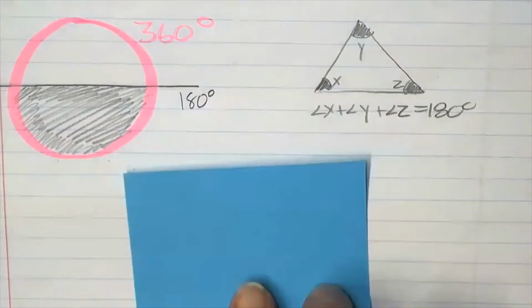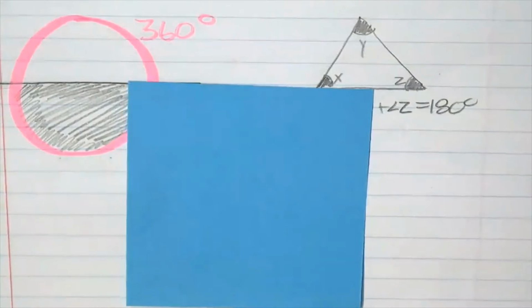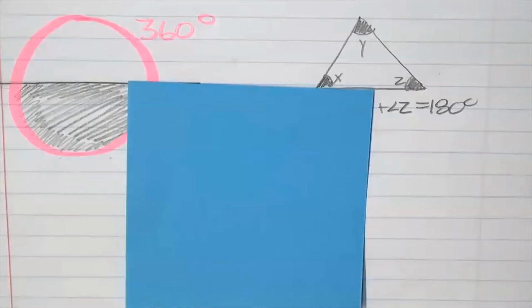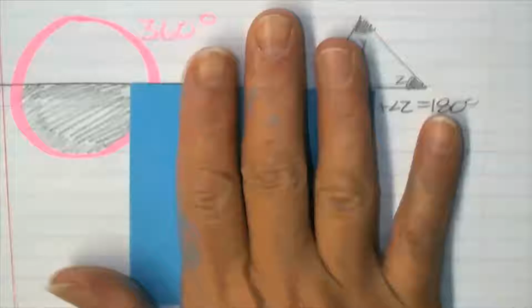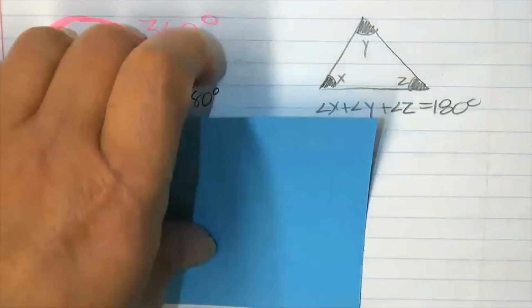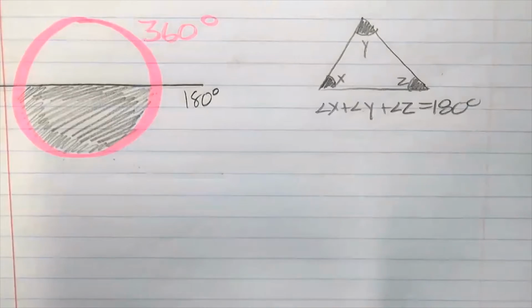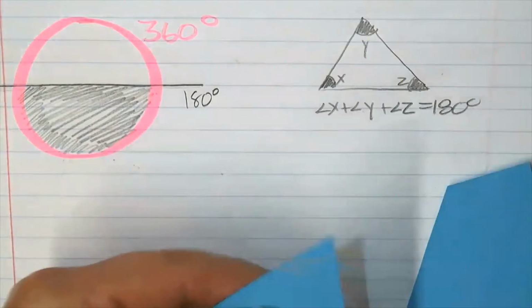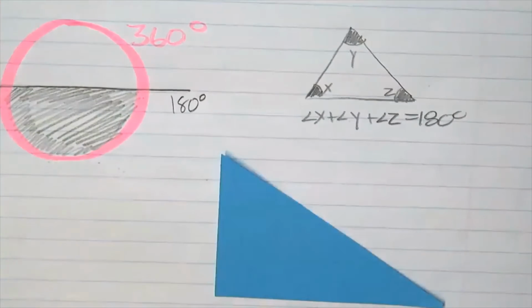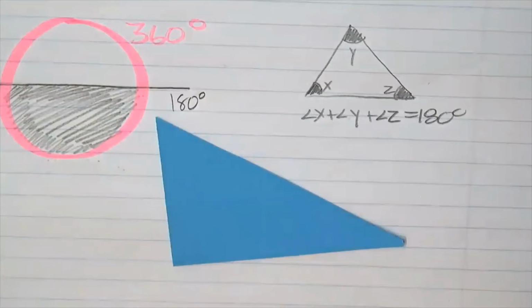Everybody is going to need a piece of blue. Okay, with this blue piece of paper, you need to cut a triangle. And it doesn't matter what kind of triangle you cut, just any kind of triangle.